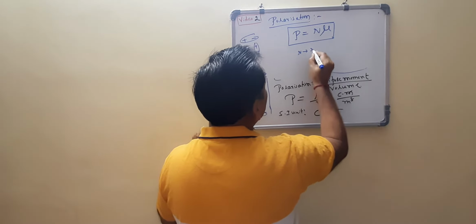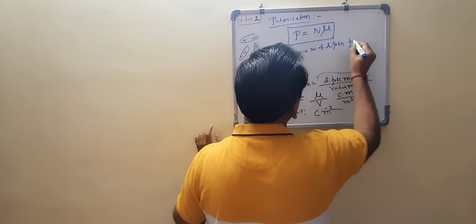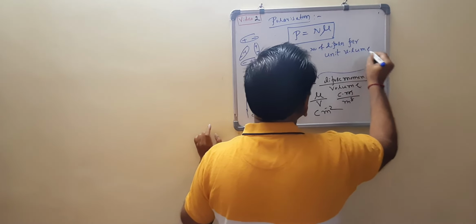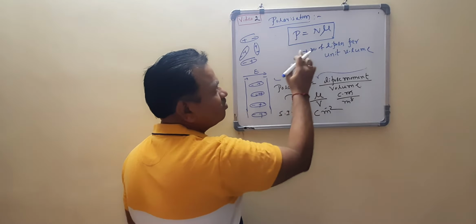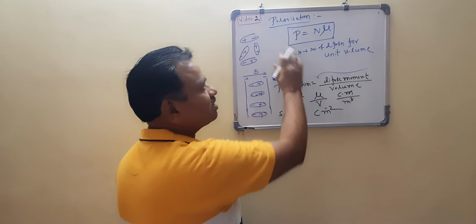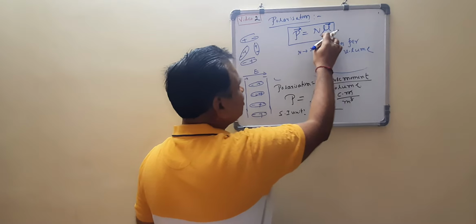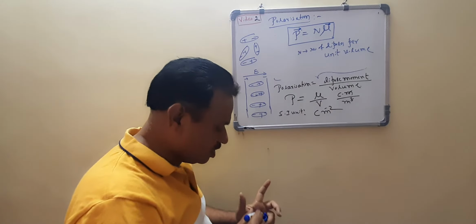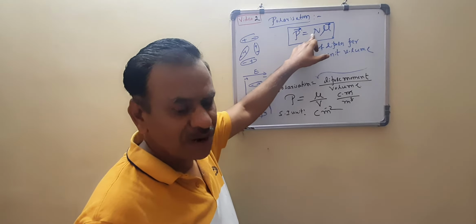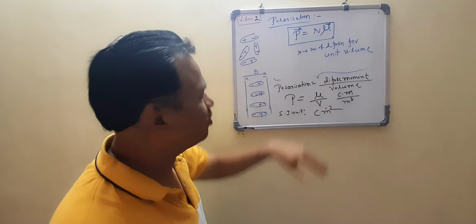N is the number of dipoles per unit volume, and it is multiplied by mu. This is also a vector. If the right side quantity is a vector, then the left side is also a vector quantity, because N is a scalar. Any vector multiplied by a scalar gives another vector quantity.